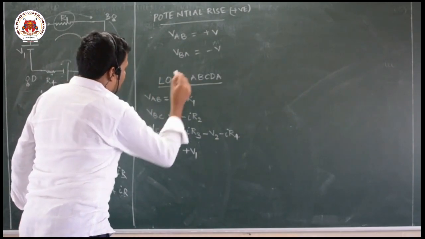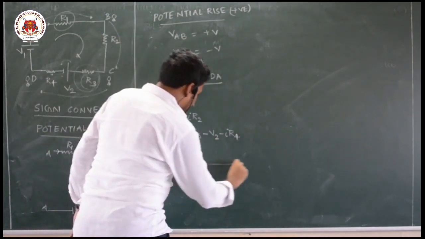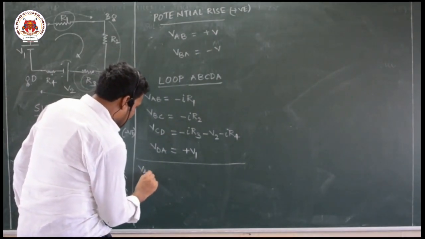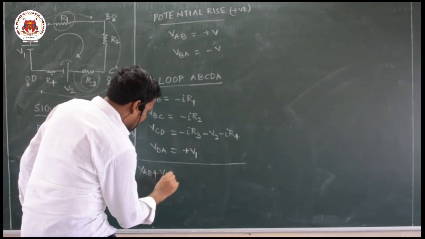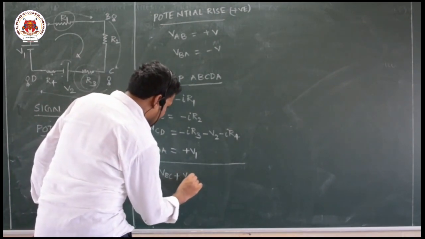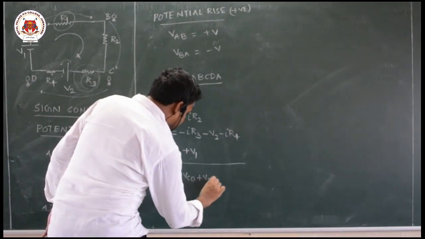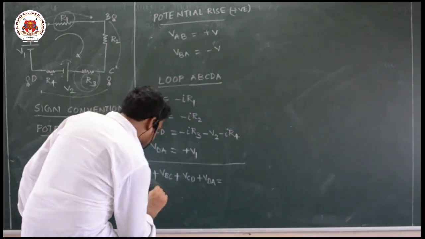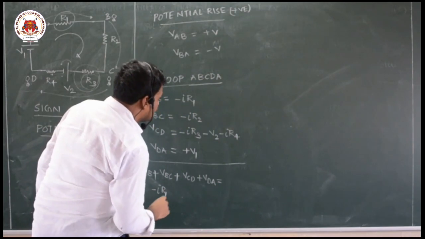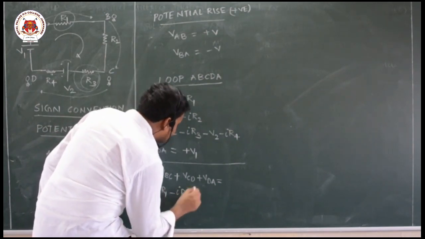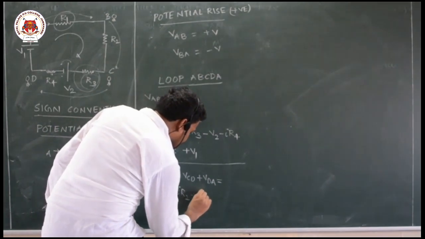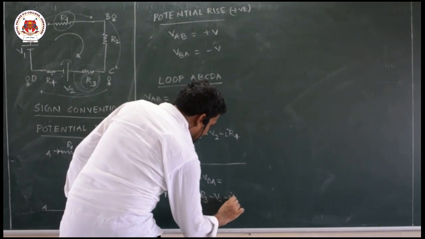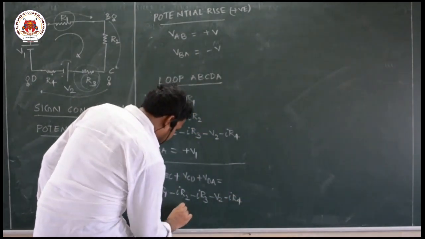Now let us add the total potential difference of this loop. VAB plus VBC plus VCD plus VDA is equal to minus IR1 minus IR2 minus IR3 minus V2 minus IR4 plus V1.